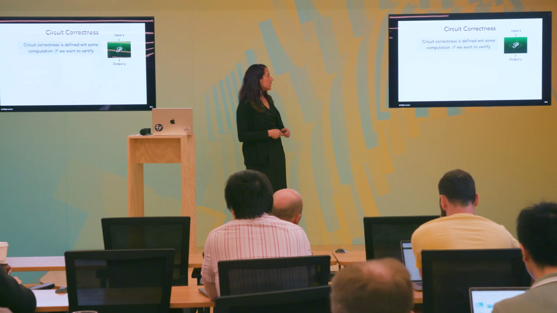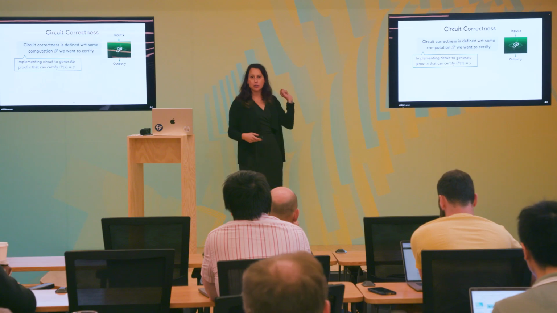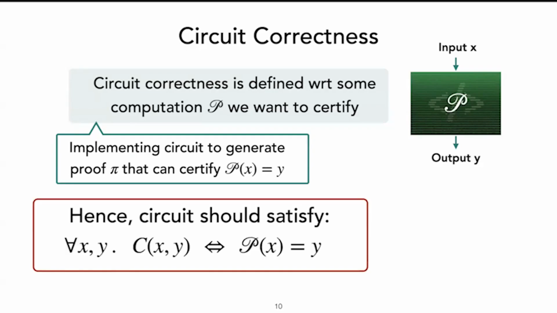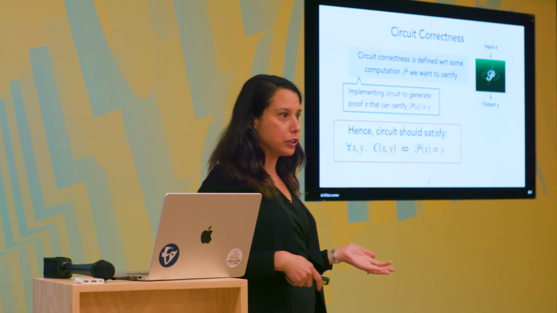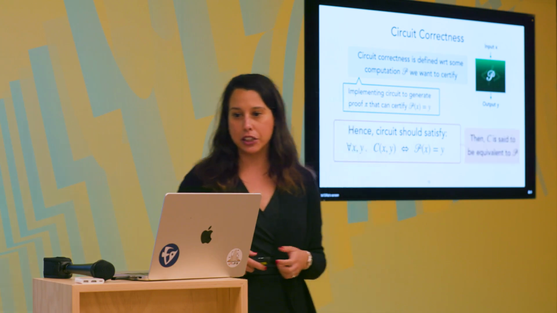And in this context, you can think of the specification as the computation we want to certify. So in particular, I'm assuming that we're implementing a circuit that's intended to produce a proof that can certify that P of X is equal to Y, that you know the secret X such that P of X produces Y. Basically, we define the correctness of the circuit with respect to a computation P, and the correctness of the circuit means that C of X, Y should evaluate to true if and only if P of X is equal to Y. So it's saying this constraint evaluates to true only for those input-output pairs that are feasible with respect to our computation, right?